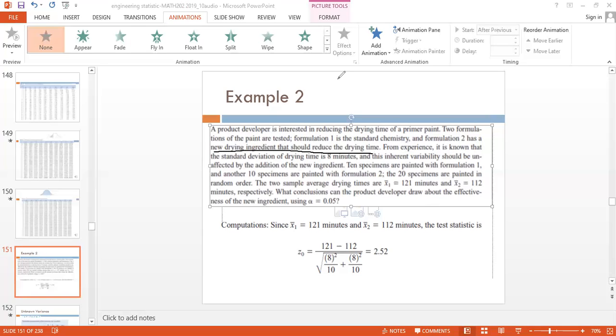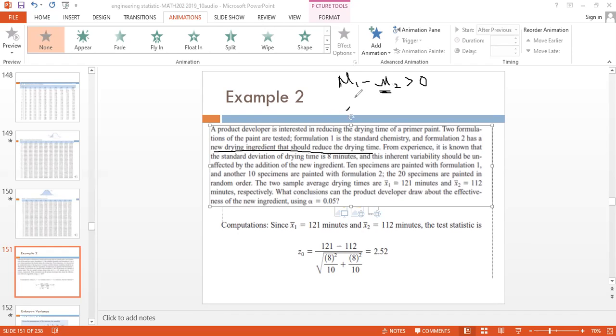So in our hypothesis, our focus is that the mean drying time for Formulation 1 minus the mean drying time for Formulation 2 will be greater than 0, because we expect the average to be far less than that in the first technique.